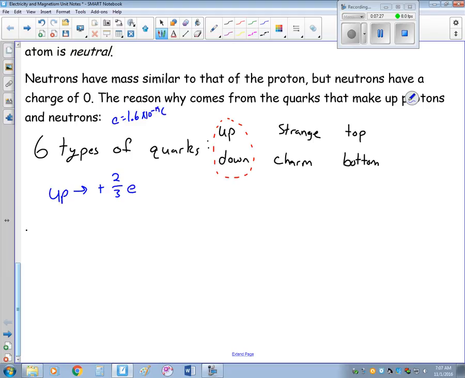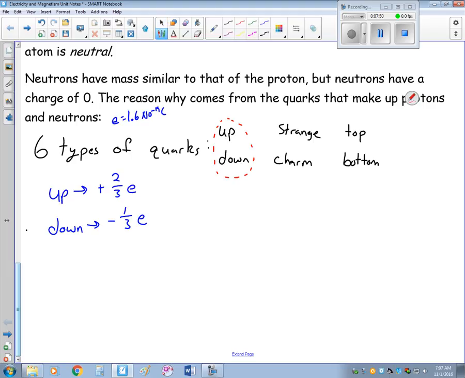So up has a charge of positive 2/3 of 1.6 times 10 to the negative 19th. Down has a charge of negative 1/3 the elementary charge. So negative 1/3 of 1.6 times 10 to the negative 19th.